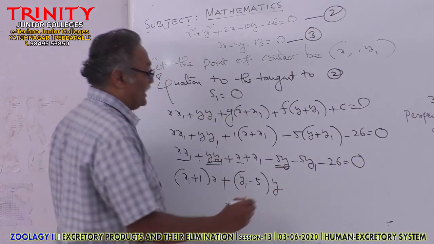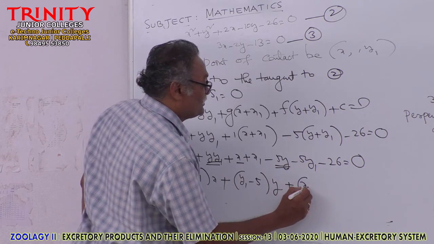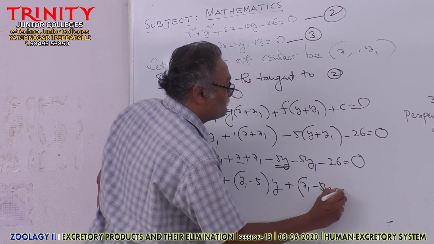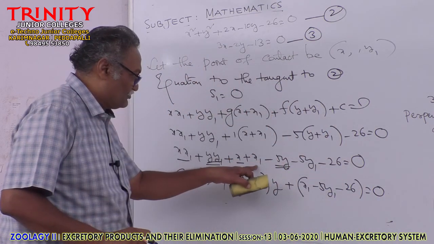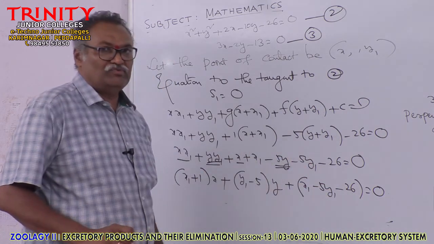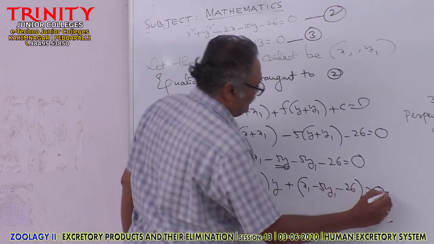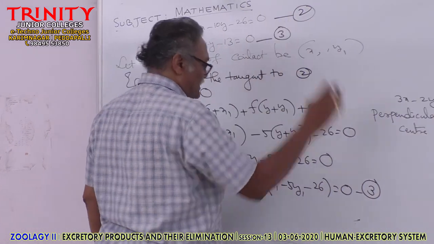Now write the remaining terms. Here x1 minus 5y1 minus 26 equals to 0. It is equation number 4.